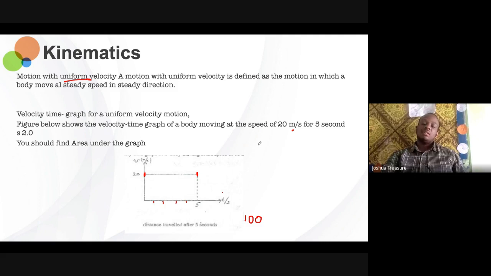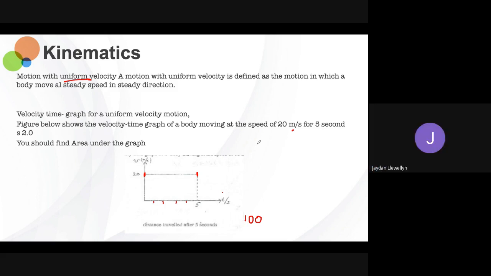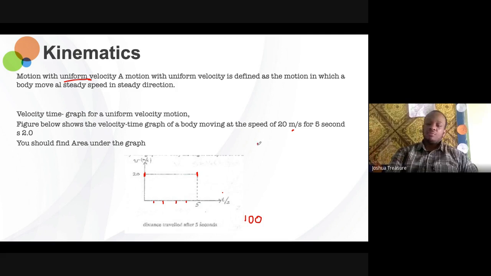Now, tell me again, what is the formula for finding velocity with respect to distance over time? All right, so V equals distance, which we'll say is S, over time. Now, if you want to find the distance, how do you do that?